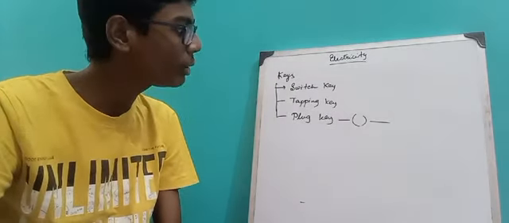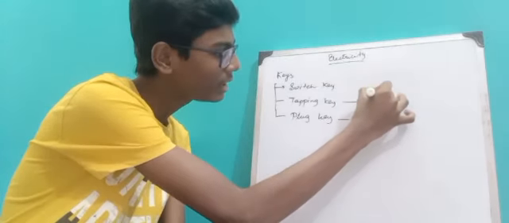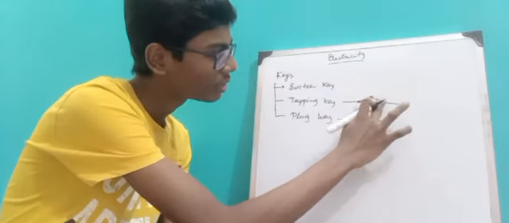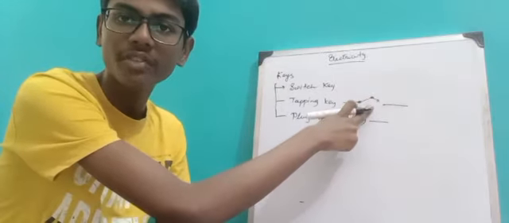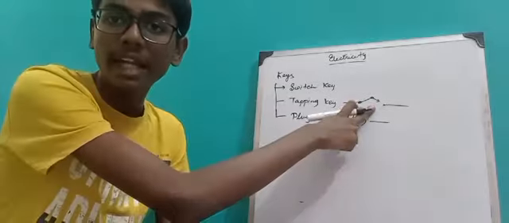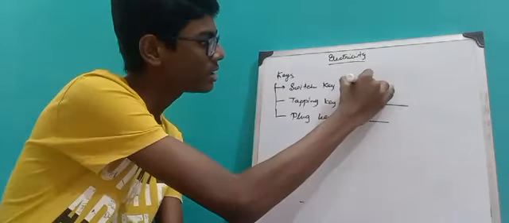How to represent a tapping key? A tapping key is basically represented in this way. We give an arrow. This is very important. This signifies your tapping key. If you miss that arrow, it will be your switch. That means a switch is like this.